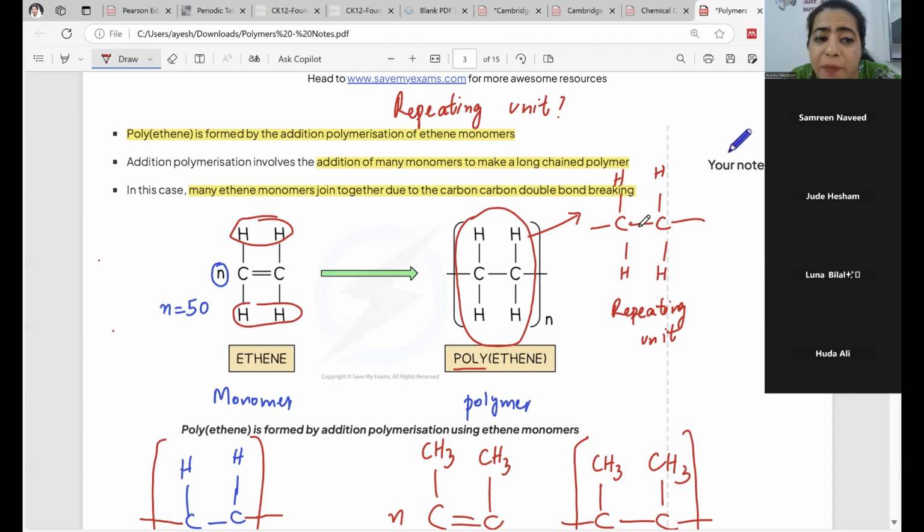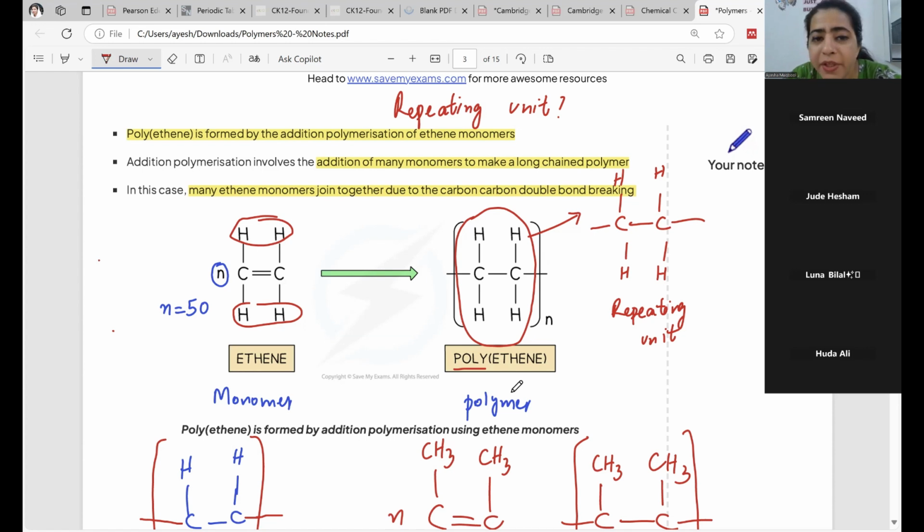And if you add the double bond back, it will become a monomer. That's how these 3 are different. So I will explain it again. Monomer will have the double bond, break the double bond into single, extend the lines, but don't put the bracket. Then it is a repeating unit. Then if you put the bracket and number n as well, then it will become a polymer.